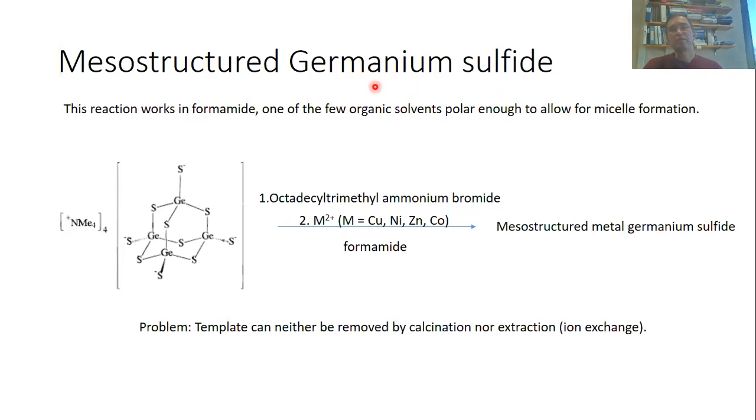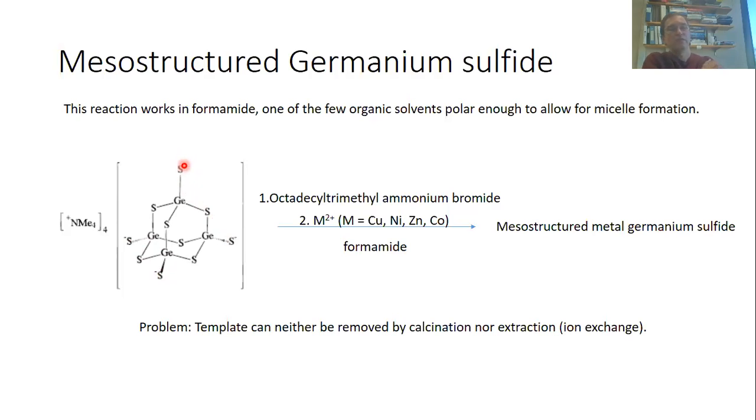But in formamide, you can produce something like a mesostructured germanium sulfide. For example, you can start out with this germanium cluster here, which is an adamantane structure. Here you see each germanium is surrounded by 4 sulfide anions, whereby these ones here are bridging 2 germanium atoms, whereas these 1, 2, 3, 4 ones are terminal and have a negative charge.